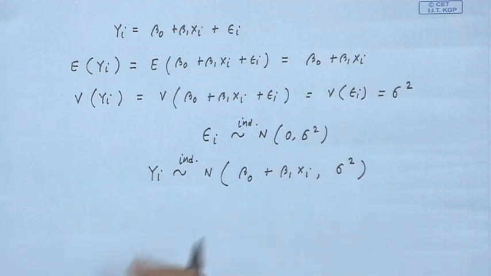So, the assumption on the error term epsilon I is that it has expectation 0, variance sigma square, they are uncorrelated, and epsilon I follows a normal distribution. So, finally, epsilon I follows a normal distribution with mean 0, variance sigma square, and they are independent.